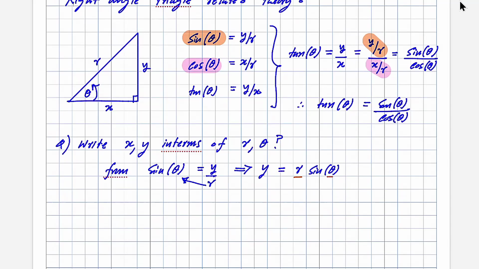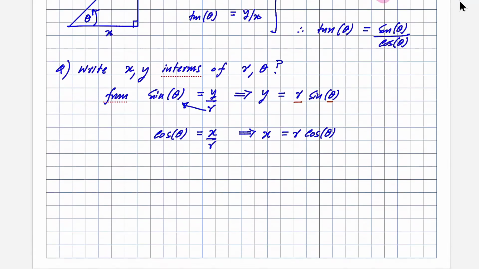So similarly, you can take cos theta. Cos theta is equal to x divided by r. So you can make x the subject and then you can say r cosine theta. So you write that in terms of r and theta again.